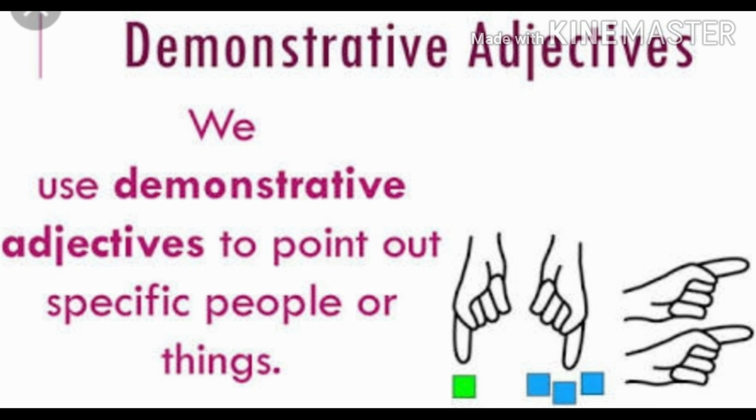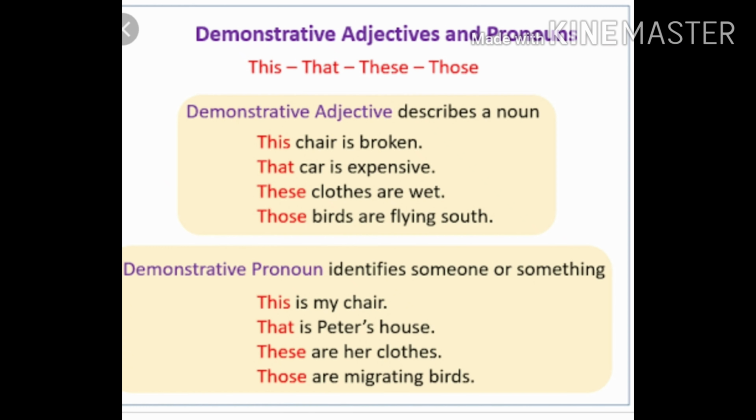Next are demonstrative adjectives. We use demonstrative adjectives to point out specific people or things, like: that book is mine. Demonstrative adjectives and demonstrative pronouns are the same words. They are this, that, these, those.